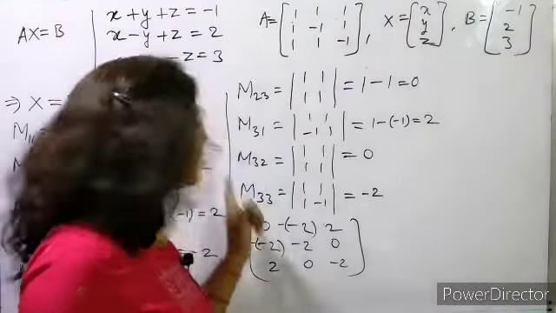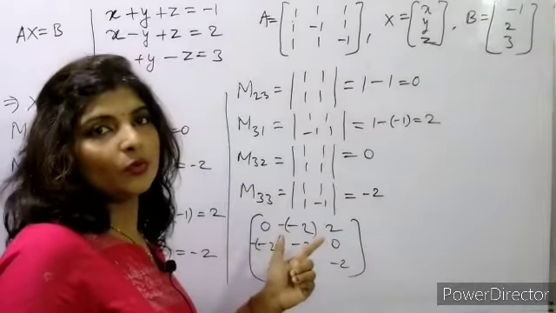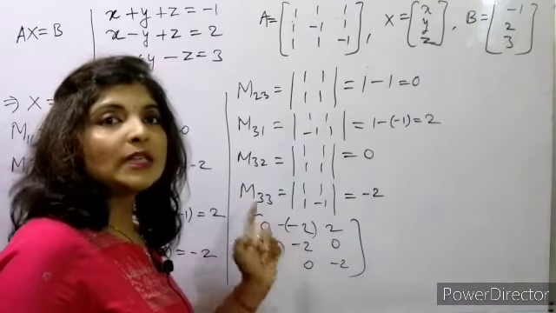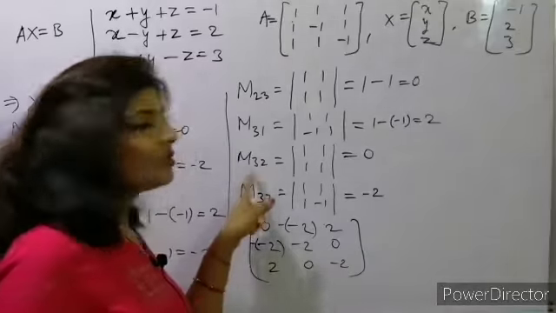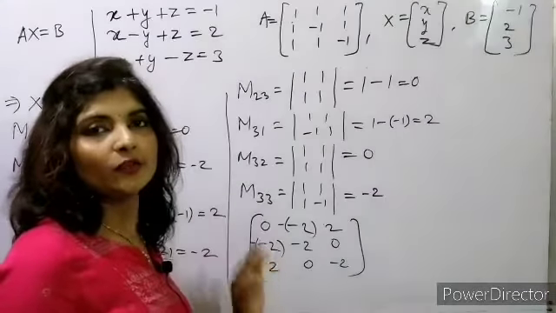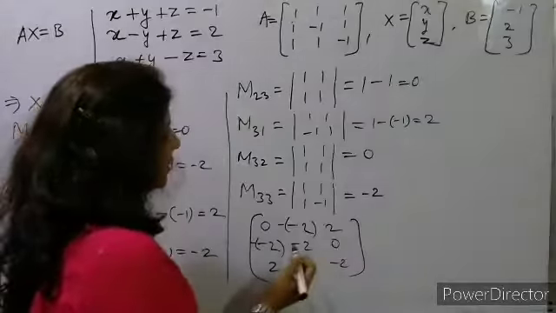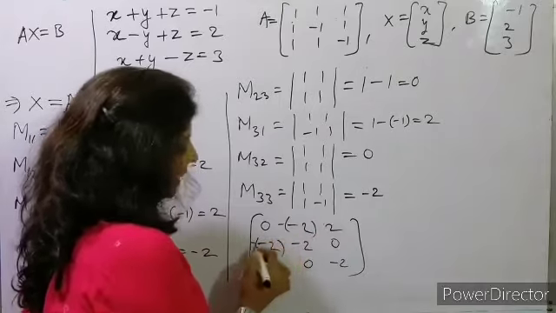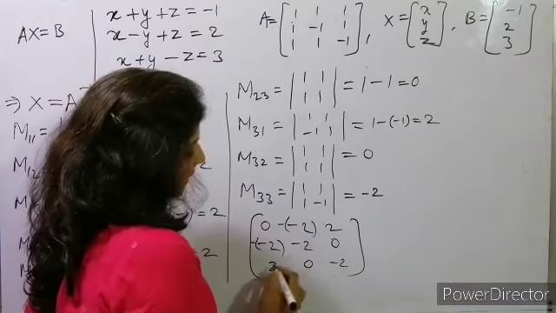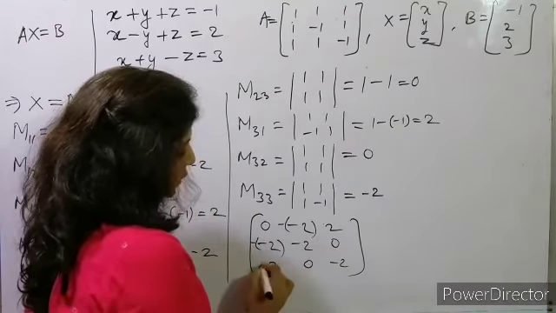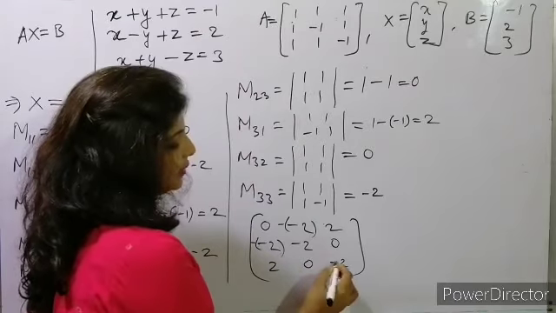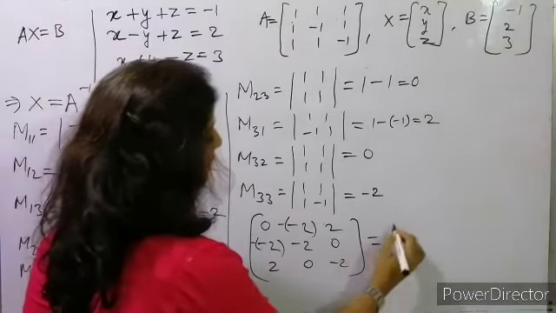Like if it is M23, the cofactor C23 is (-1) to the power 2+3, that is minus 1. Similarly, this is plus, this is minus, this is plus, so this will remain the same.